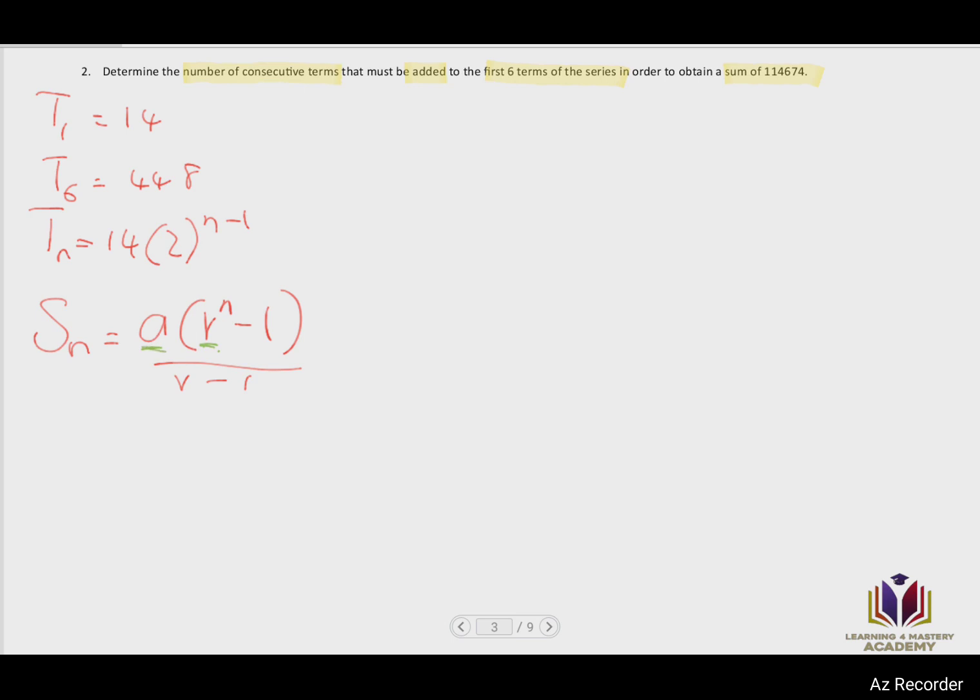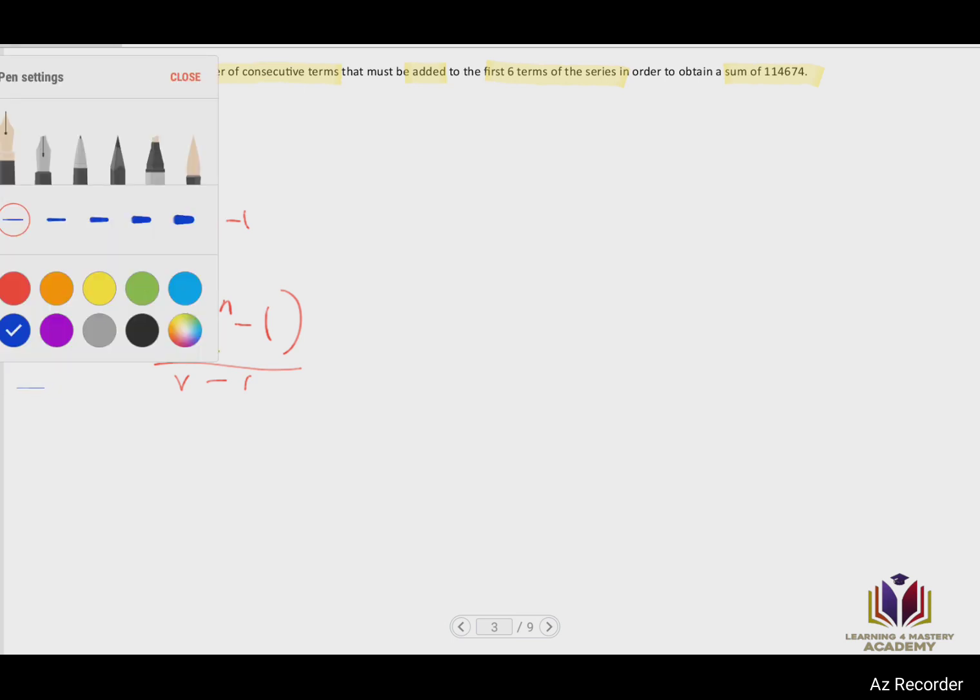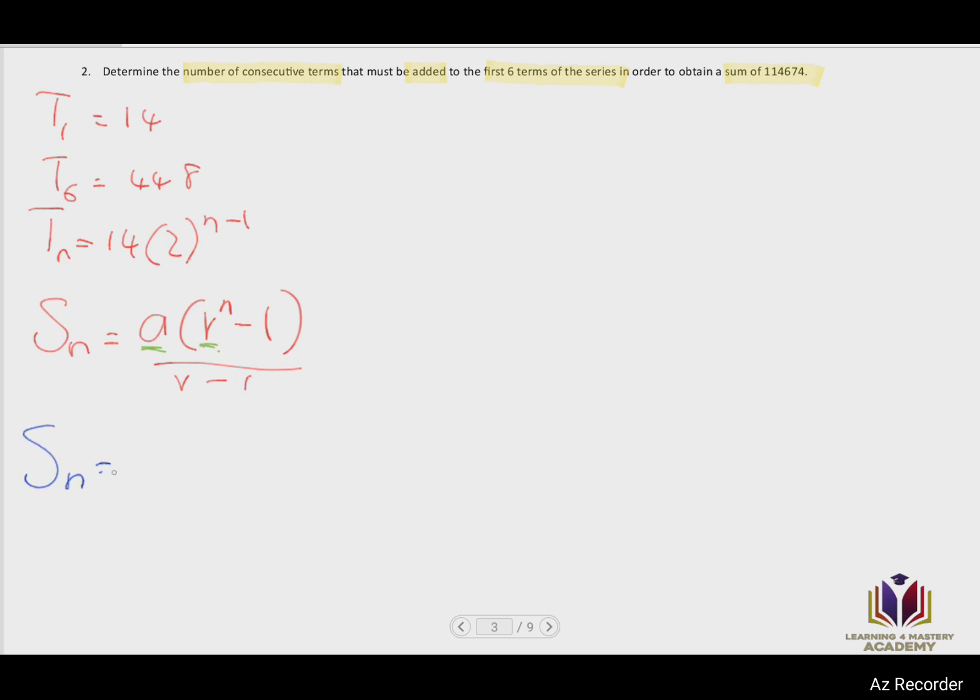Yes, we do. So Sn equals 14(2^n minus 1) over 2 minus 1. Now this is the sum formula.